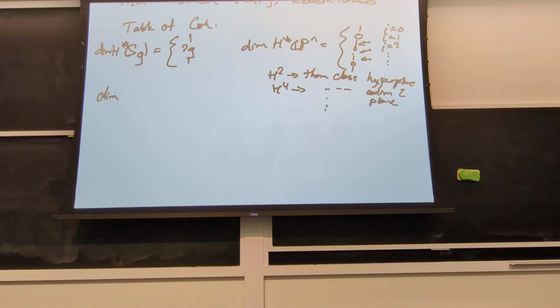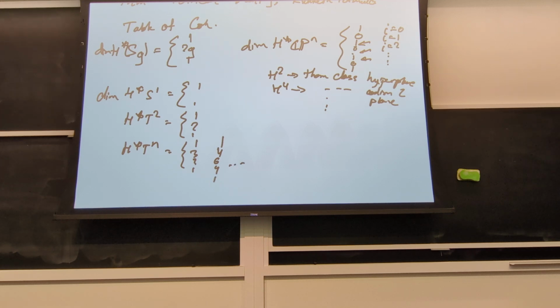In particular, if you do this for S1, then you're going to get 1, 1, right? And if you do it for T2, you're going to get 1, 2, 1. I think there's another problem which we didn't go over, but as you do for Tn, you're going to find that it looks like 1, 3, 3, 1, 1, 4, 6, 4, 1, and you can kind of see the pattern.